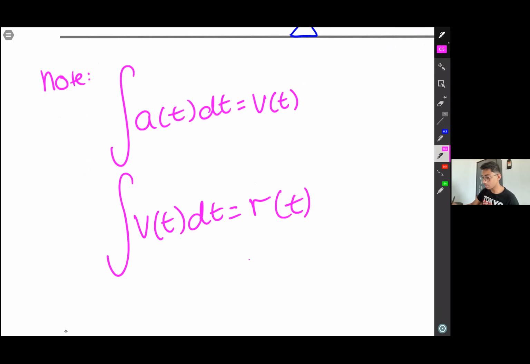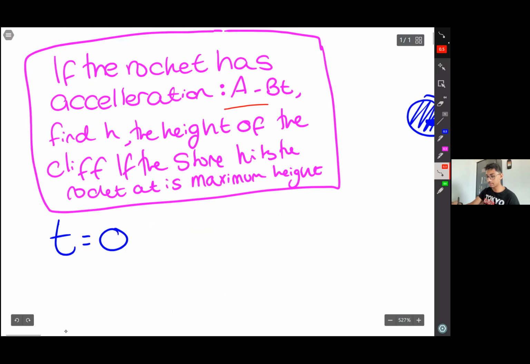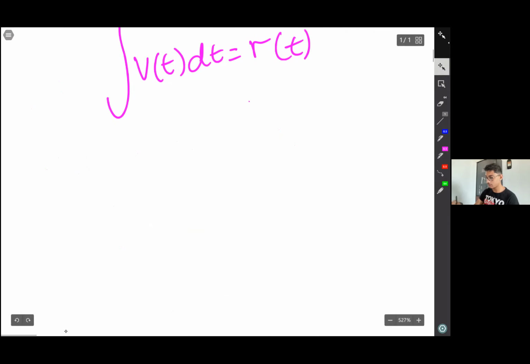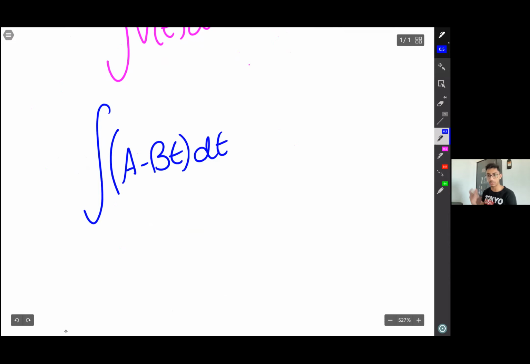Lucky for us, we already have acceleration as a function of time. It's right here, a minus bt. So why don't we integrate that twice, knowing our upper bound and lower bound, and we get some position as a function of time for the rocket. Okay, so if we take the integral of a minus bt dt, that will give us the velocity of the rocket.